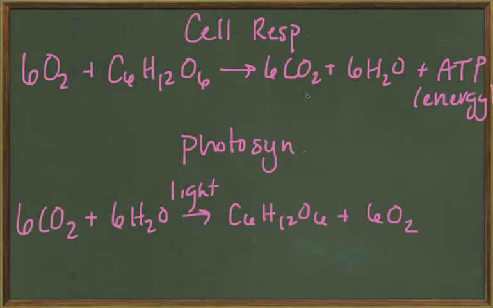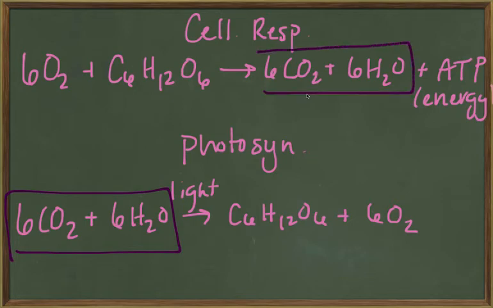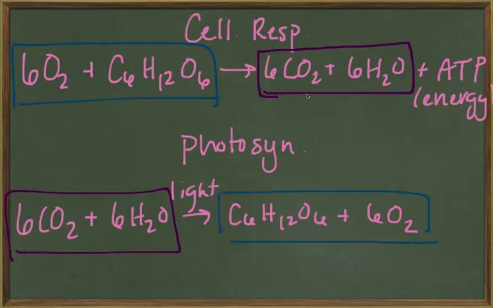In order for photosynthesis to occur, I have to have those 2 things. At the end of cellular respiration, look at the 2 things that I create. For cellular respiration to occur, I need these 2 things. Look at what I get out of photosynthesis.